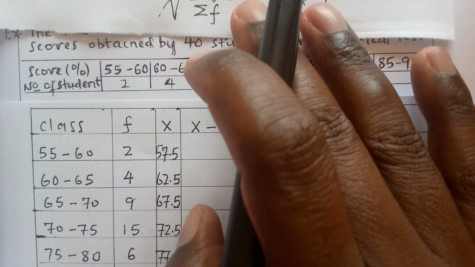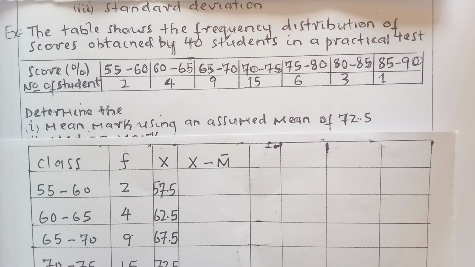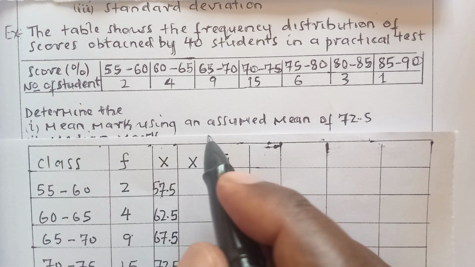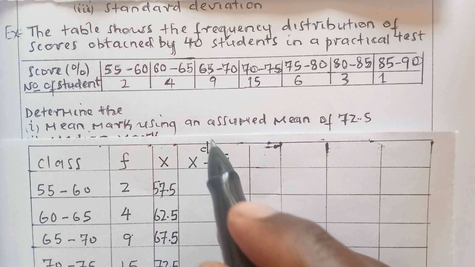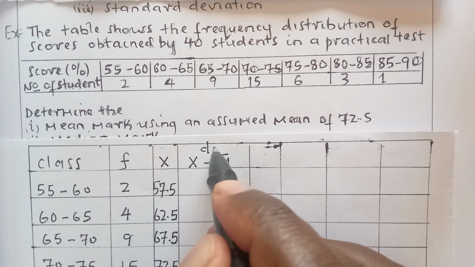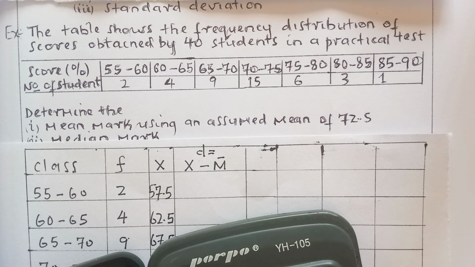The assumed mean is 72.5, and so we calculate. This is supposed to be our D. D is equal to X minus assumed mean. So if we calculate for the first one, then I can fill the rest.